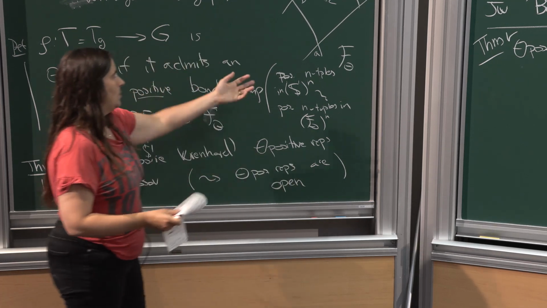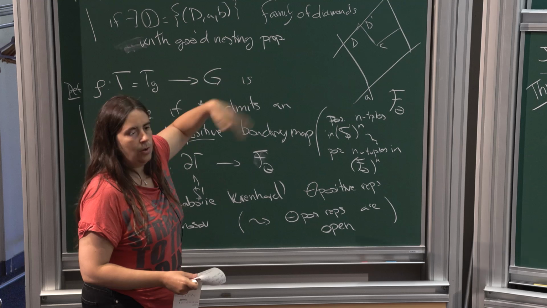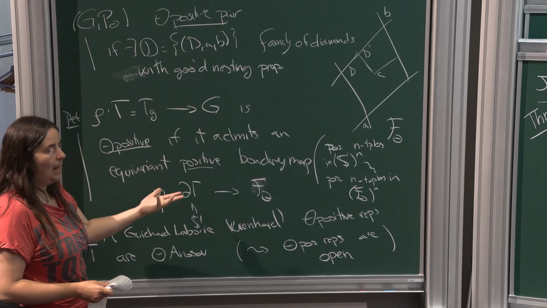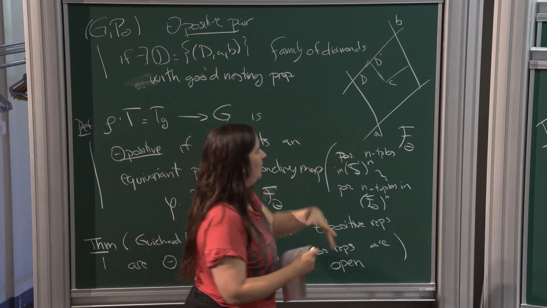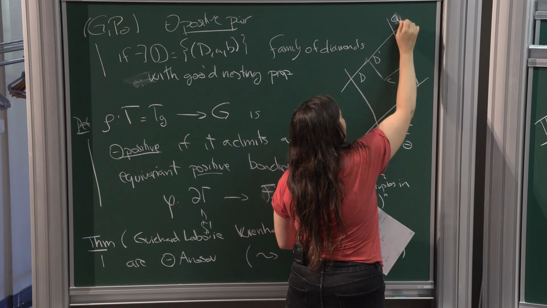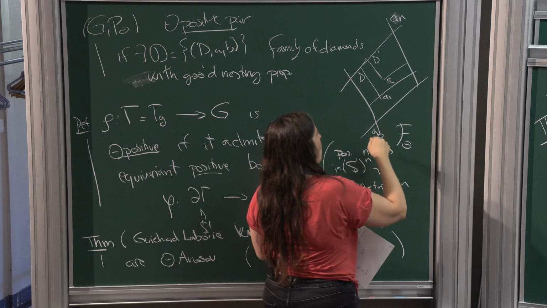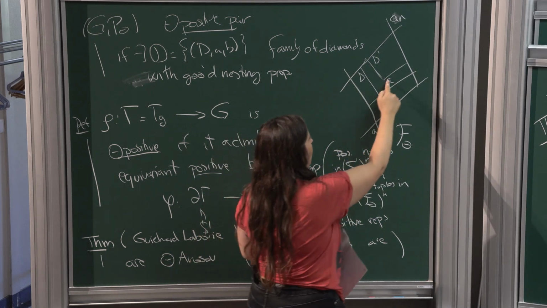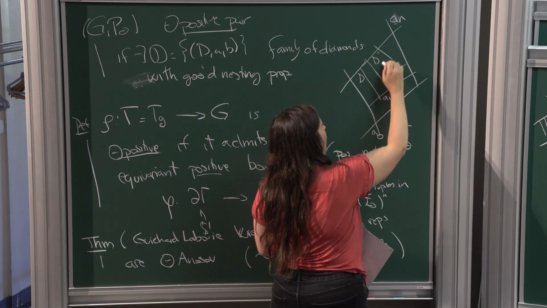So the idea here is that I was telling you that I want to think of these diamonds as intervals in the circle, like intervals in the circle are an example of these diamonds. And they let me talk about positivity. An n-tuple is positive if I take the first and the last, and then I want A1 to be in one diamond, I want A2 to be in the next diamond, and so on and so forth.